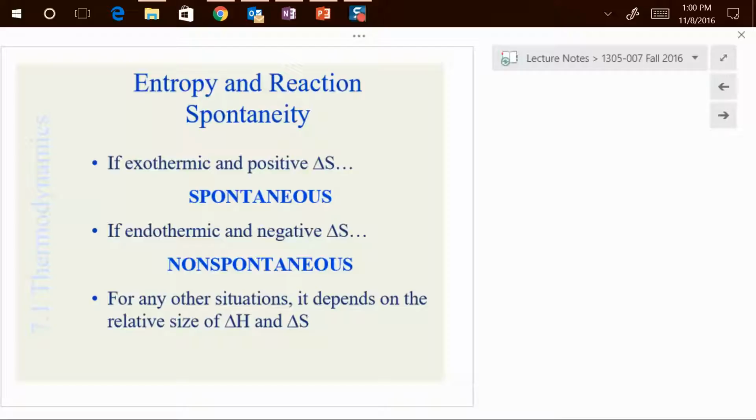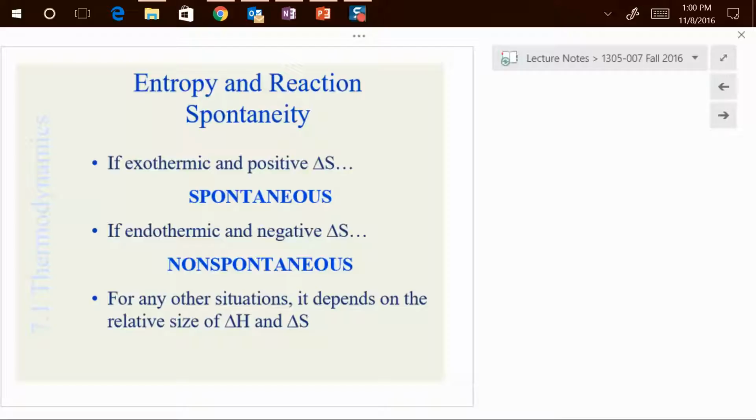If you have an endothermic reaction and a negative delta S, you couple those, the process is always non-spontaneous. Okay?